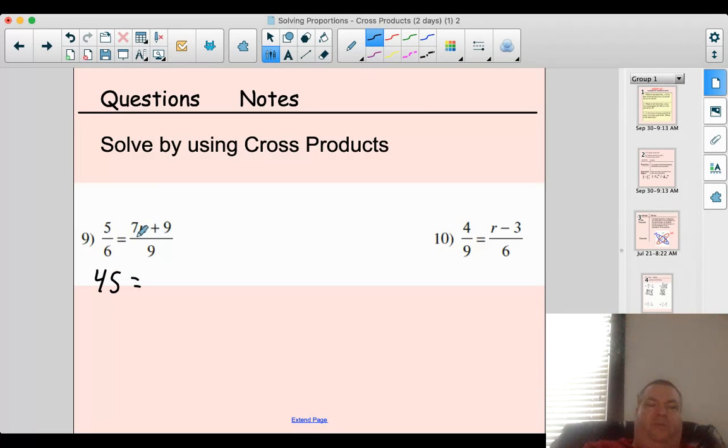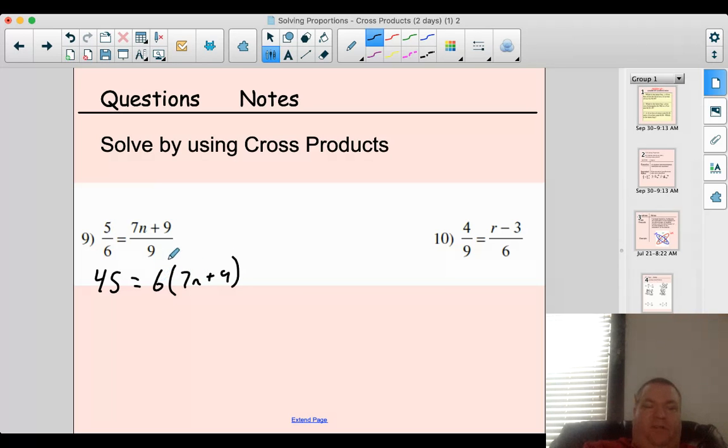Well, the other cross product is going to be this times this. So I'll do 6 times (7n plus 9) in parentheses. Now this is one of my more complicated expressions, but we have done ones like this. Remember, if I go back to my steps, I got to start by simplifying. I have parentheses here.